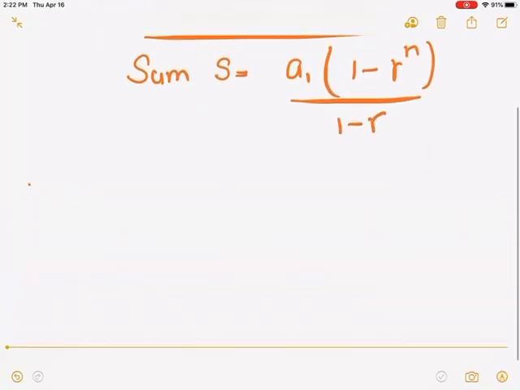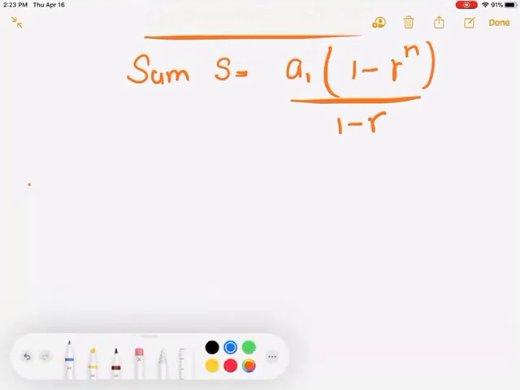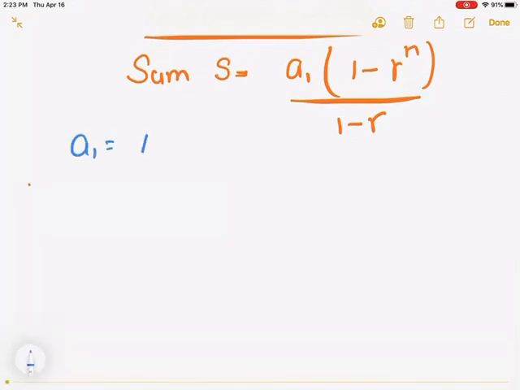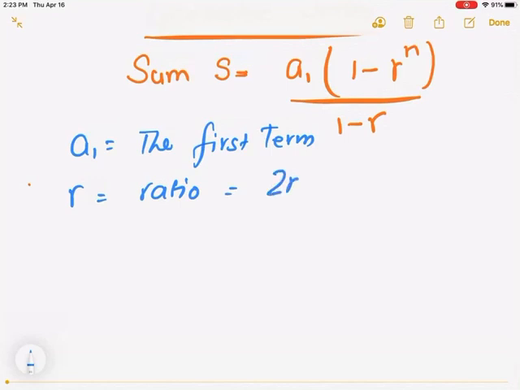Basically, you have to have the first term, A1. Then you have to have the ratio, r, which we find by dividing the second term by the first one.